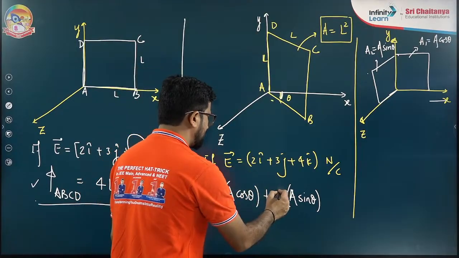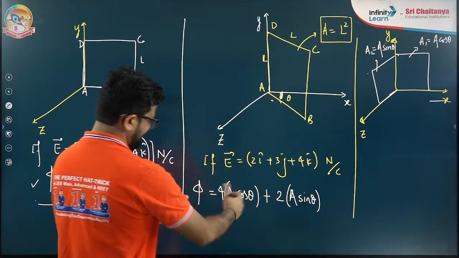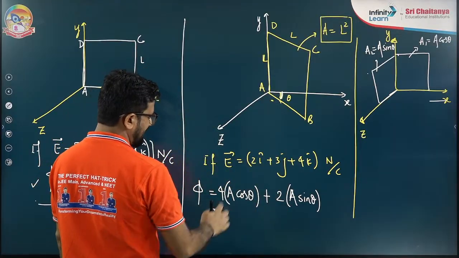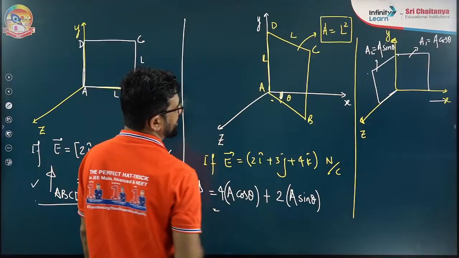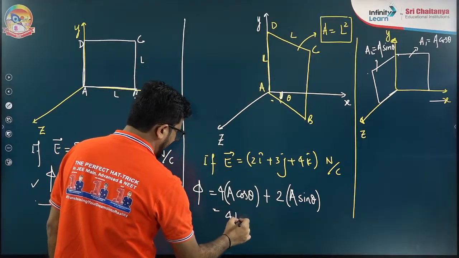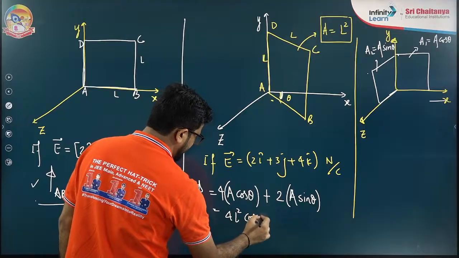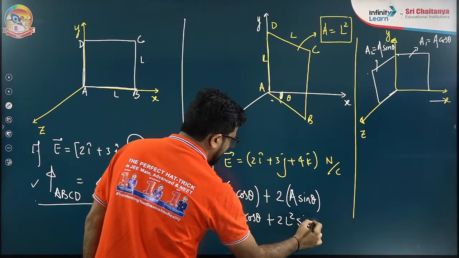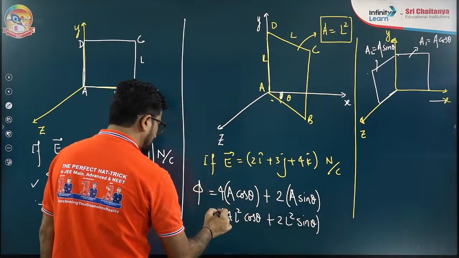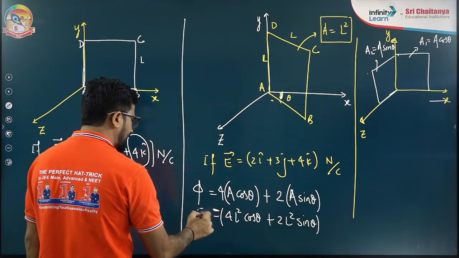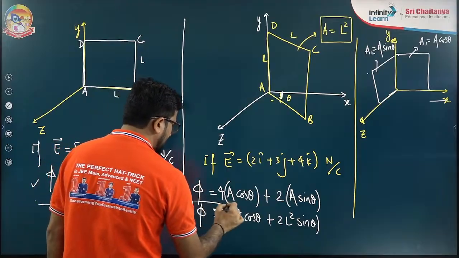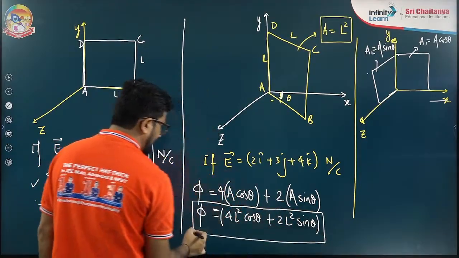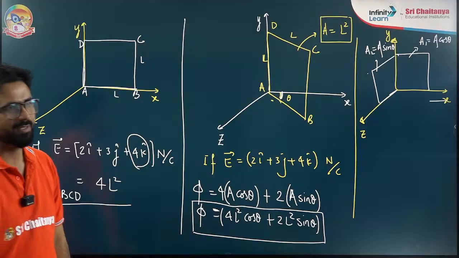You can multiply with 2, that is the answer. Now you can put in the values. We have already calculated L square. So you can say 4L square into cos theta plus 2L square into sin theta. That's a very simple thing, beta.